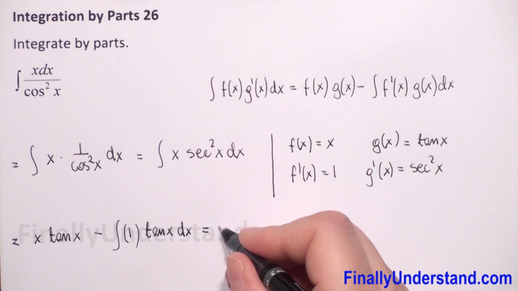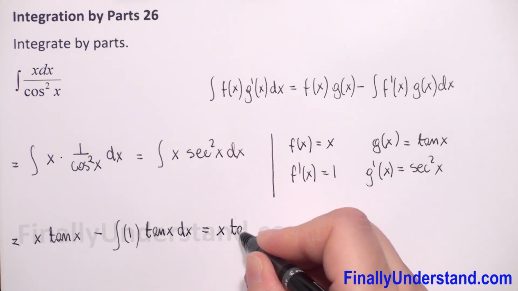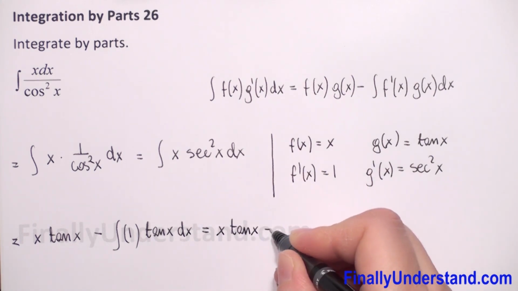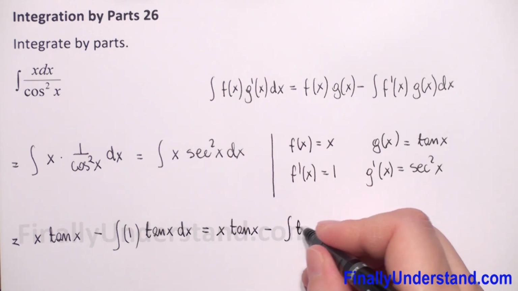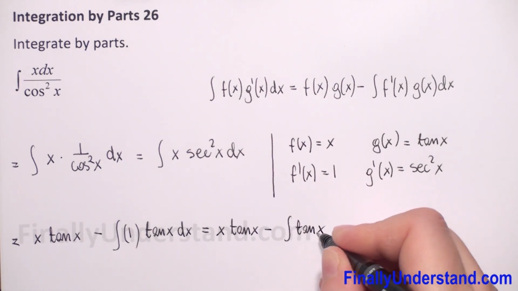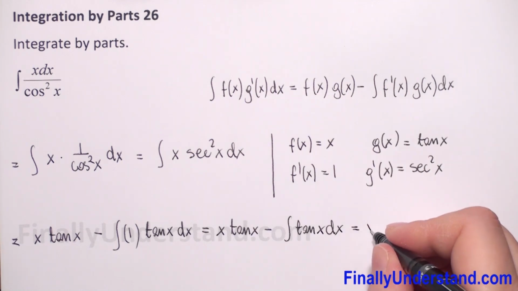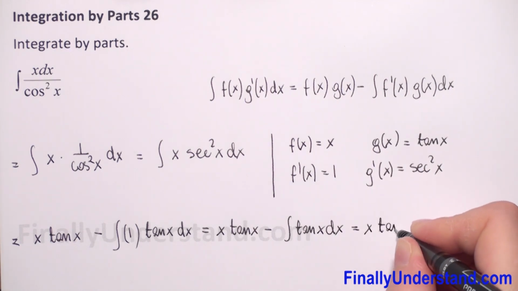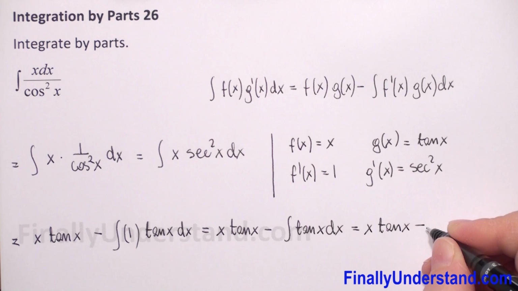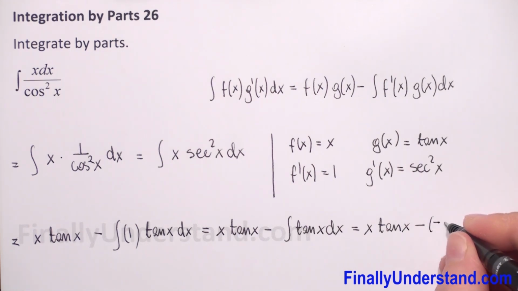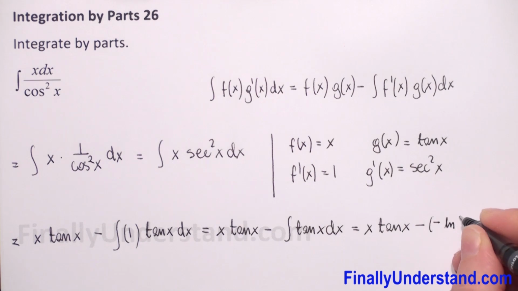So this is equal to x times tangent of x minus the integral of tangent of x with respect to x. So this is equal to x times tangent of x minus, and the integral of tangent is equal to negative natural logarithm of absolute value of cosine of x. Of course, we have to add a constant.